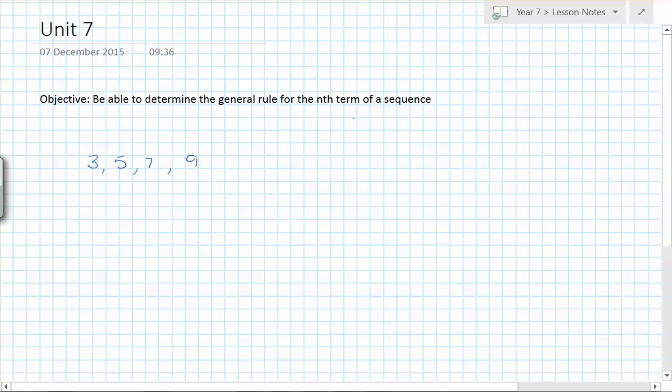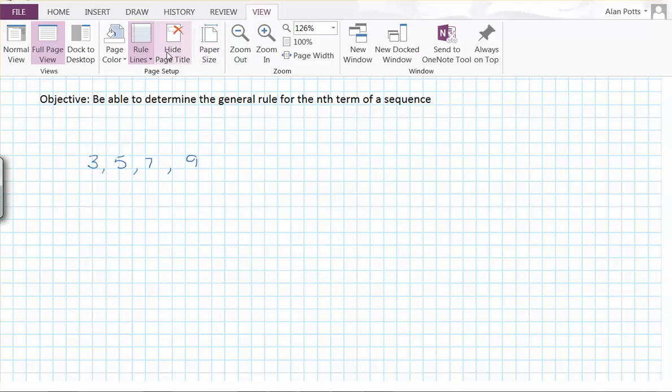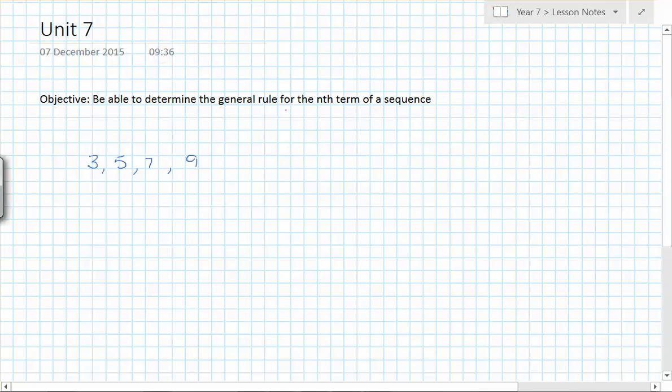So if I said to you, Ryan, give me the next 2 terms of that sequence, you would tell me that the next 2 terms are add 2, which would make 11, and then add another 2, which would make 13. So you found that by looking at what happens each time, so we know it's always add 2, so we followed on from that rule.